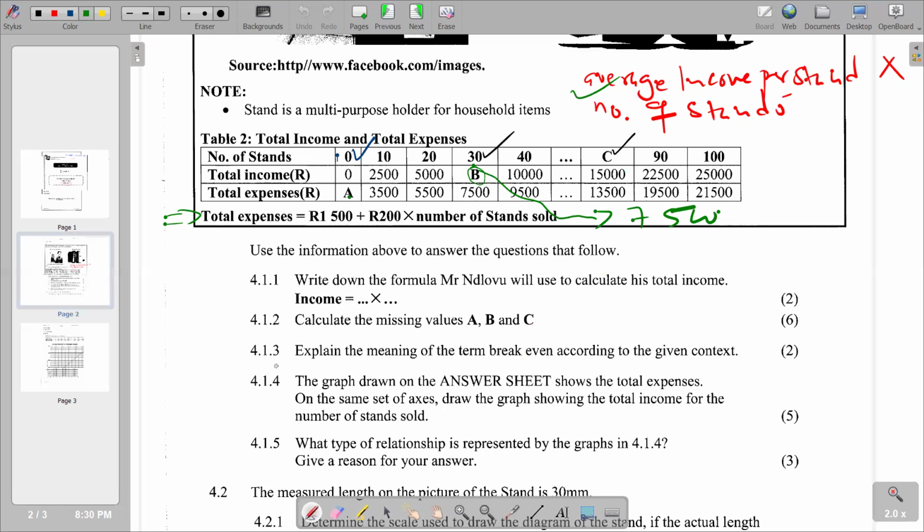We can go to the next question, 4.1.4, which says the graph drawn on the answer sheet shows the total expenses on the same set of axes. Draw the graph showing the total income for the number of sales sold. So total income, we see that it's here in this row.